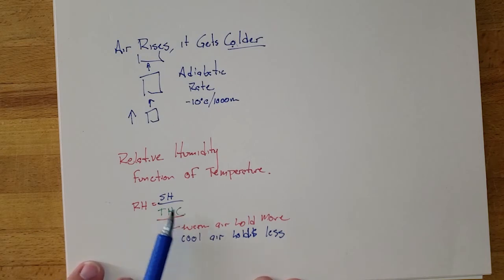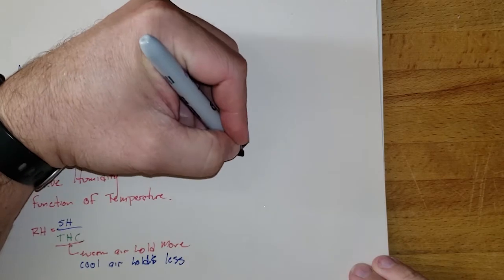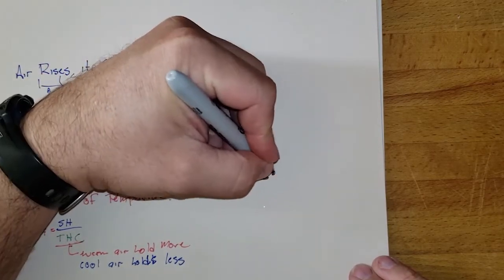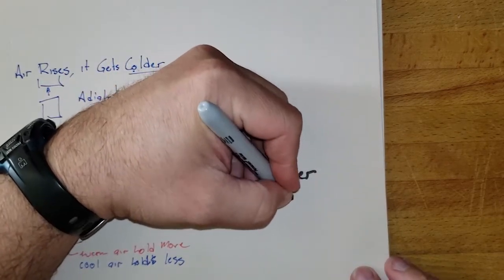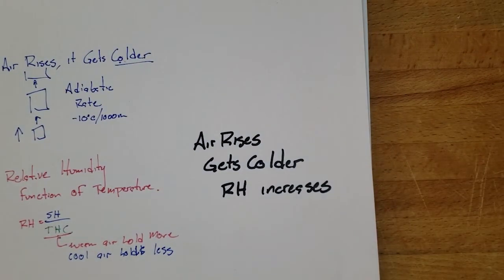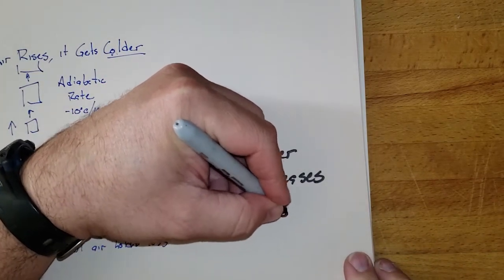If you decrease the denominator, then with both of these ideas together, as air rises, it gets colder, and relative humidity increases until it gets higher and higher and eventually becomes equal to 100%.